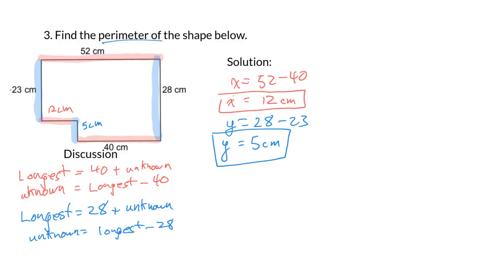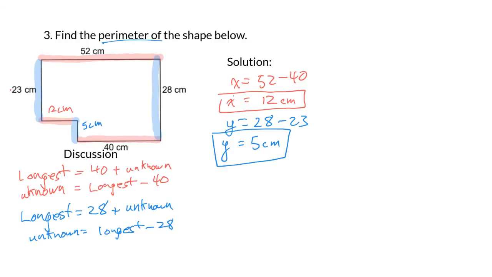So now that we've put in our numbers here, make sure you copy that down. Now what you're going to do is calculate your perimeter as we did before. So pause your video and do the question.